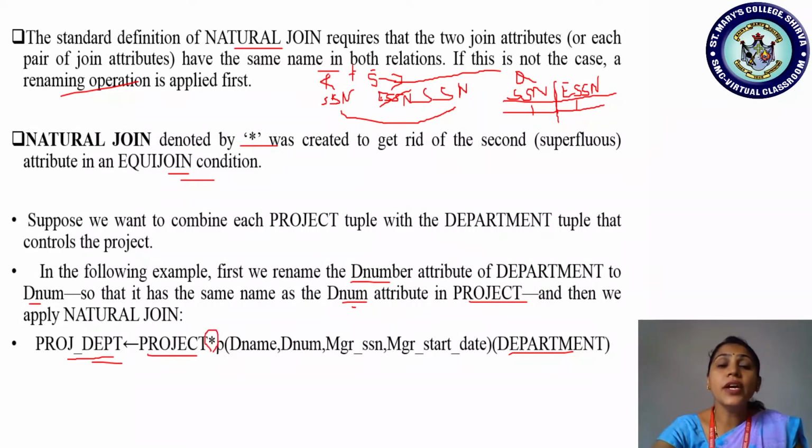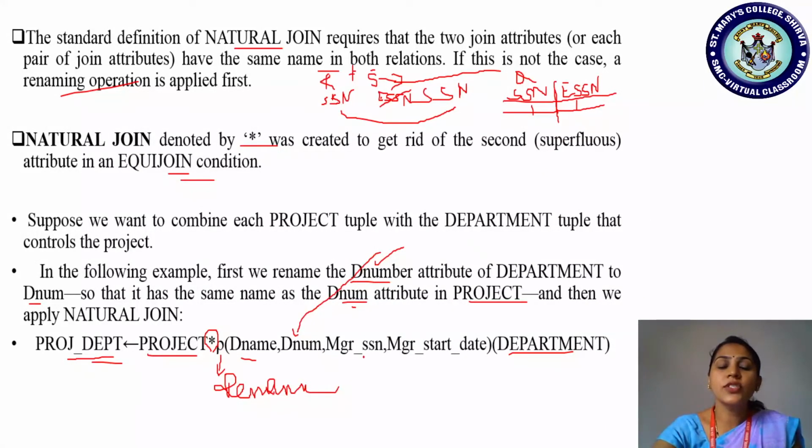Then I told you we are supposed to rename which attribute? The department number attribute in which relation? Department. So just check out here, this is the notation for renaming. Here Dname will be as it is, but Dnumber, which was the name present in the department relation, is now replaced by which new name?